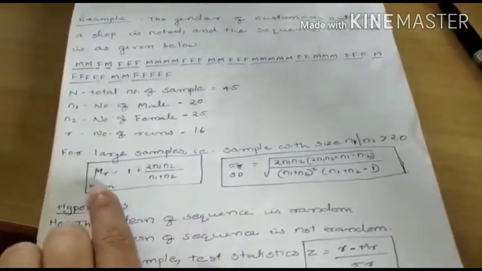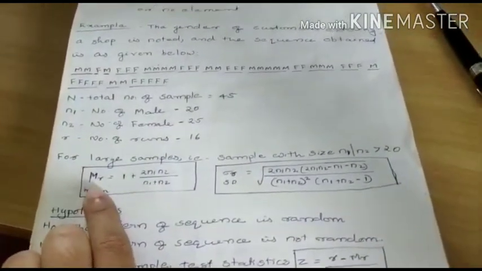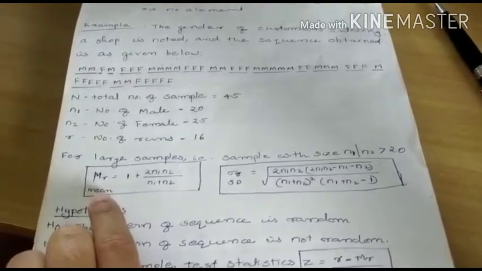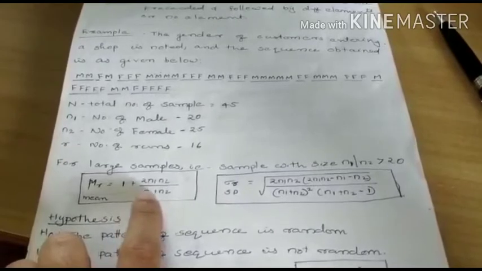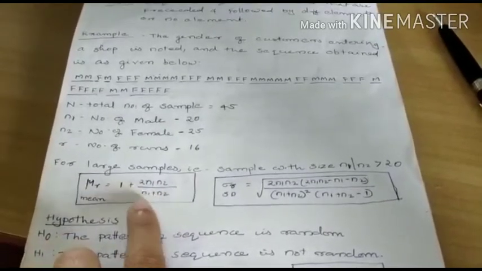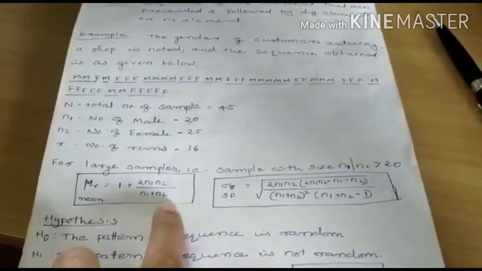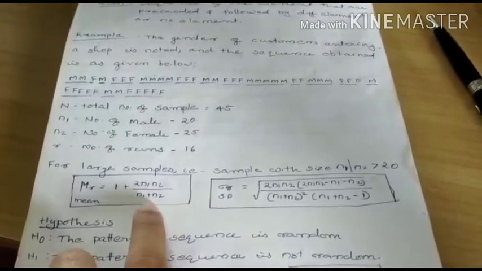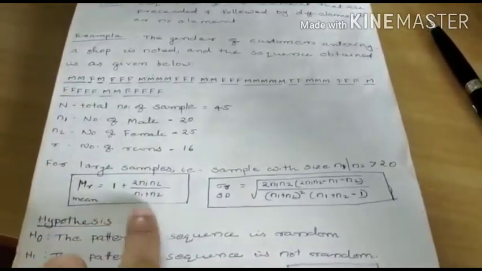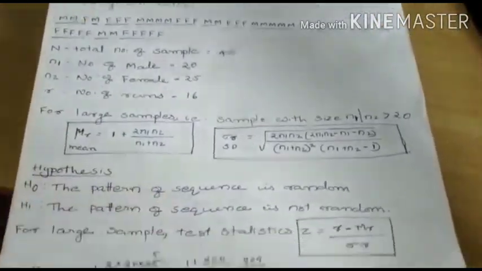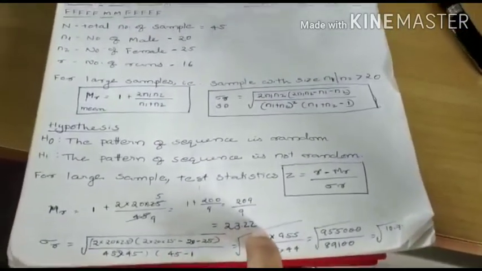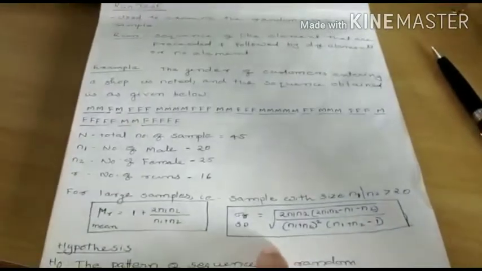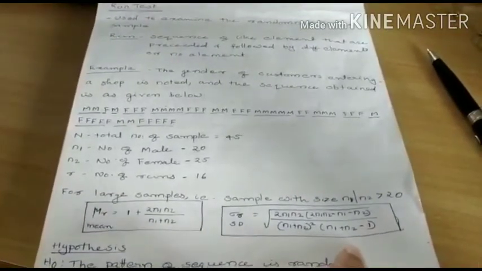So this is the formula for calculating the mean: mu of R equals 1 plus 2 N1 N2 divided by N. Substituting these values into the formula, you will get the mean as 23.22.